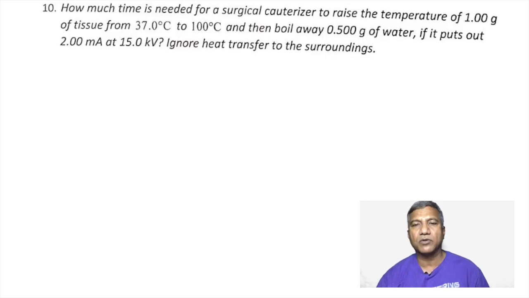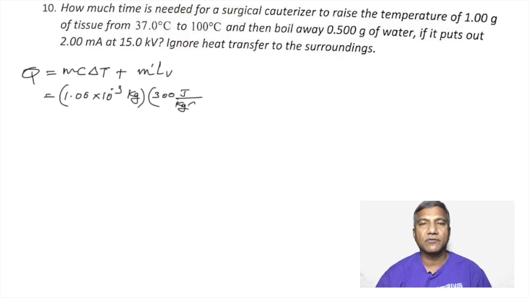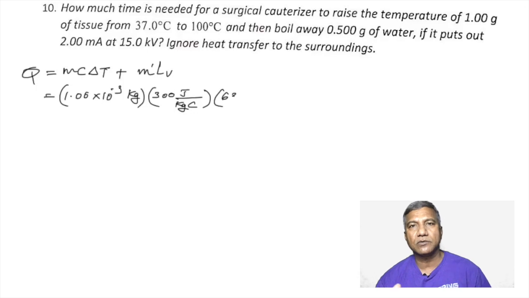So we got to do both here. That will give us the total quantity of heat. So mc delta T is the heat required to increase the temperature, and mass times the latent heat of vaporization, which is a constant, will give us how much heat is required to vaporize the water into steam.